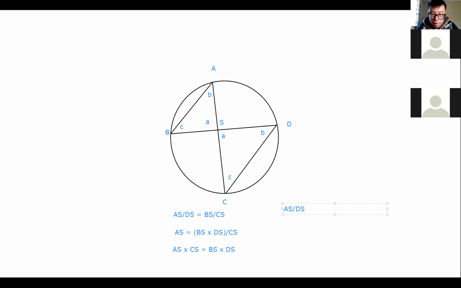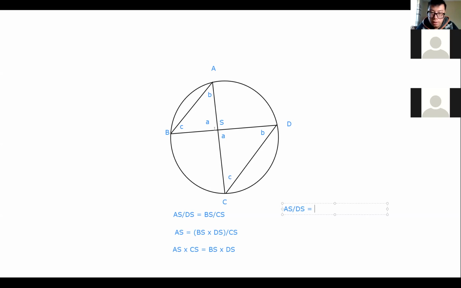We have to compare the ratio of one triangle's side length divided by the other triangle's side length, and those side lengths have to correspond to each other. What that means is that they have to have the same angles on top of them. Hopefully you guys understand what that is.